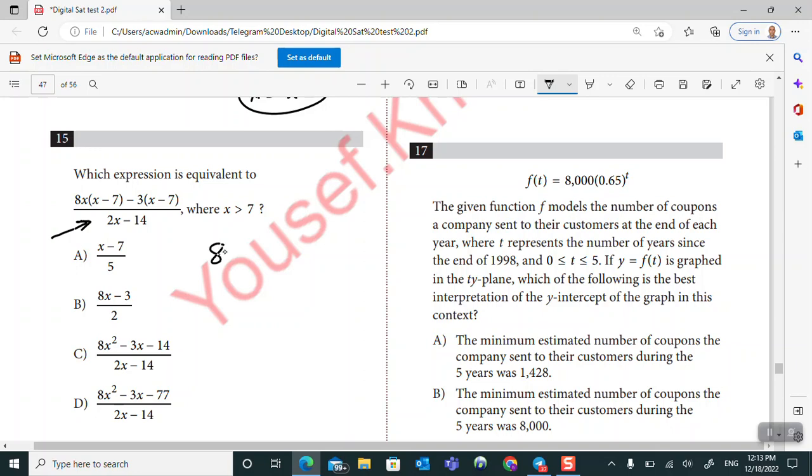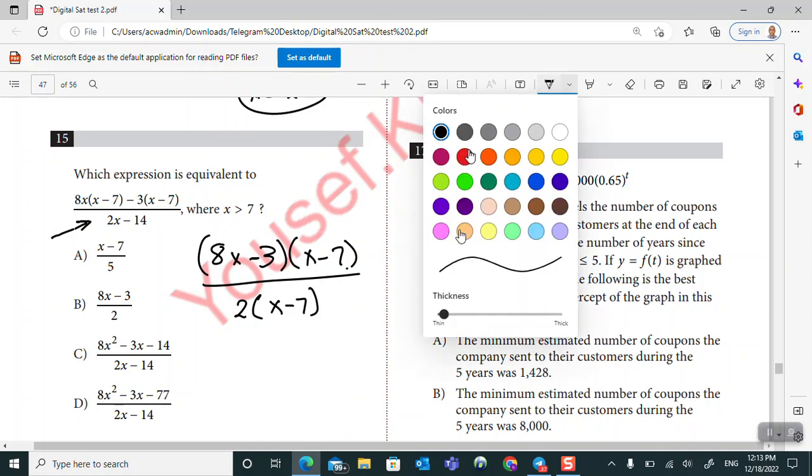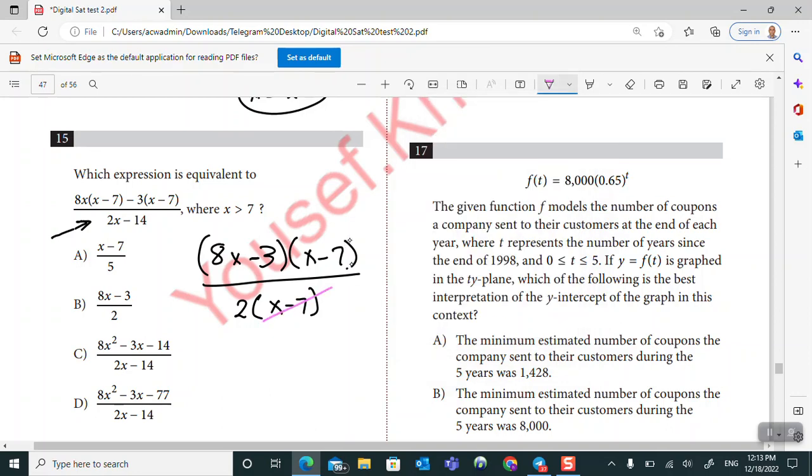In the numerator we have a common factor, which is x minus 7, so we can group them: (8x minus 3) times (x minus 7), and down we have 2 times (x minus 7) as well. So we can eliminate x minus 7 with x minus 7, and we're left with (x minus 3) over 2. So the only correct choice is B. Just give me a second, I'll come back.